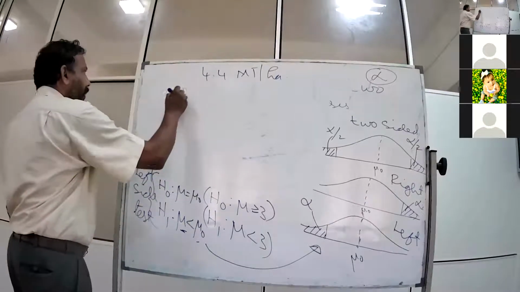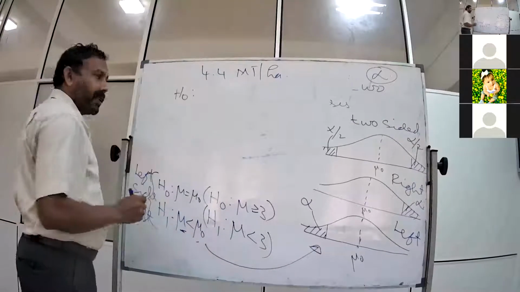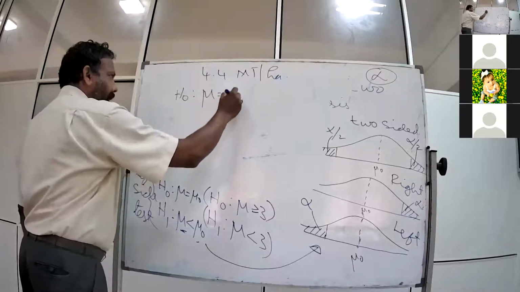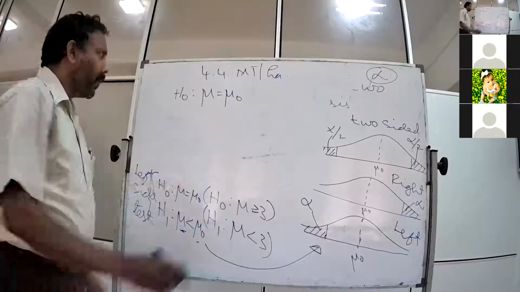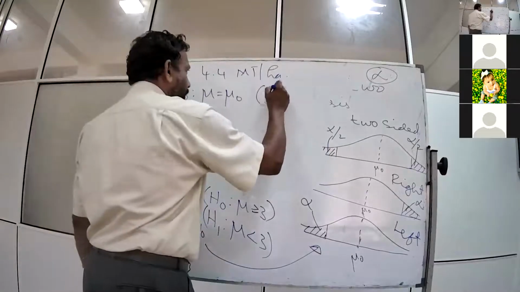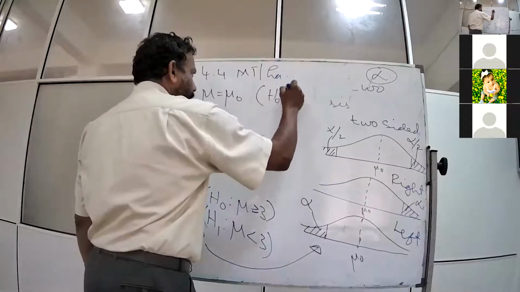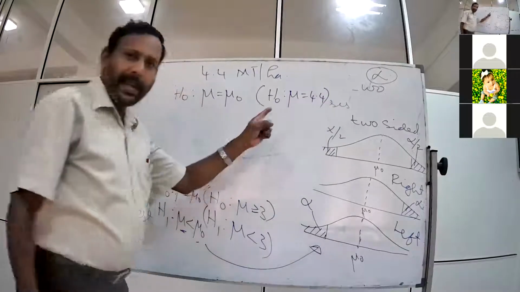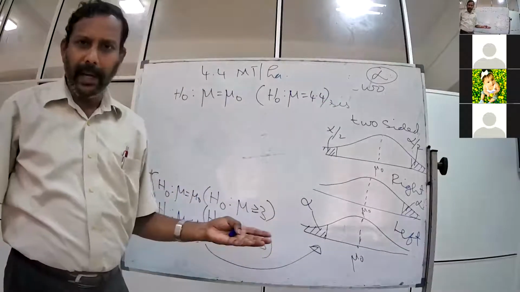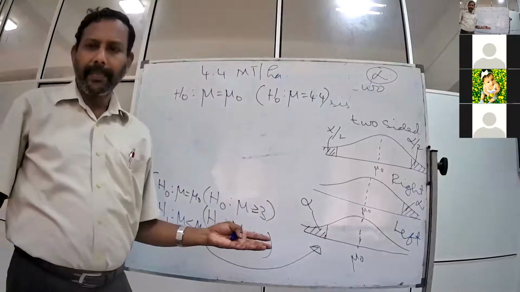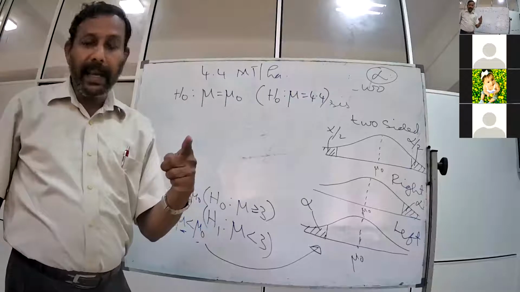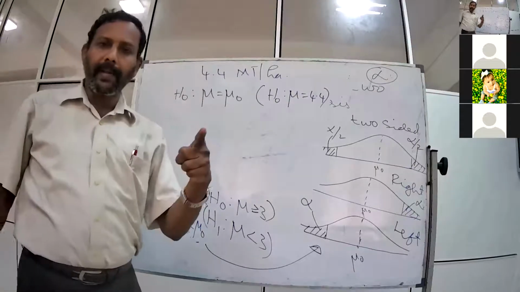How can I formulate my null hypothesis? The null hypothesis is simple: mu equal mu naught. In other terms, mu is equal to 4.4. It is equal to the national average. Look at the question carefully.